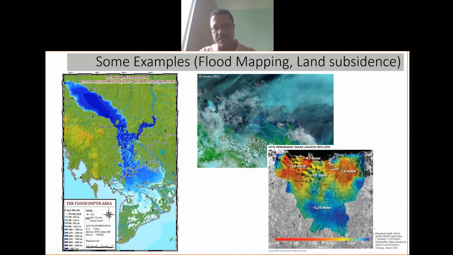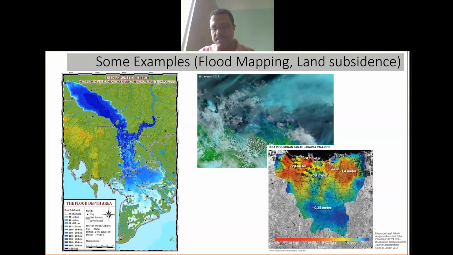There is a satellite image which has been captured on 19 January 2013. On the right hand side below on the screen, you see a red and yellow and blue color overlapped on top of the Jakarta city map.